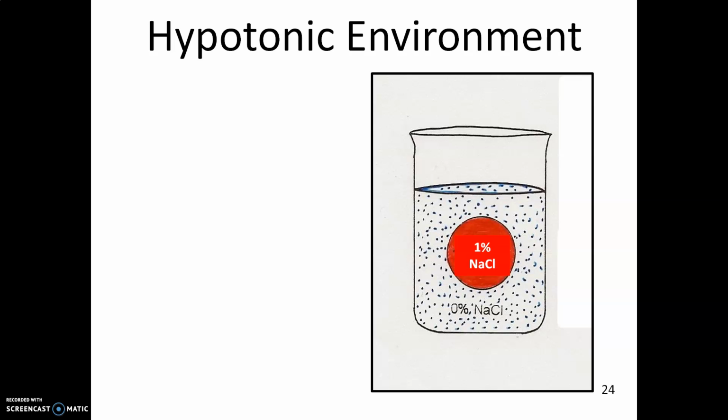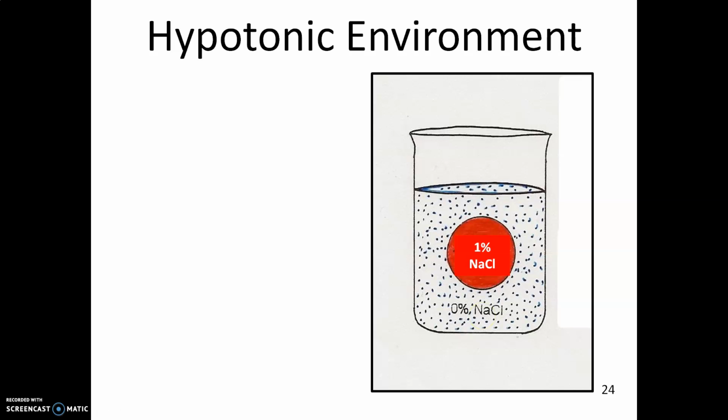Remember, even though we're looking at the movement of water, we're going to pay attention to the solute. So I want to know, where is the high solute, where is the low solute? Here we have 1% salt, so that would be definitely higher than 0, right? So we have a high concentration of salt inside the cell and a low concentration of salt outside the cell.